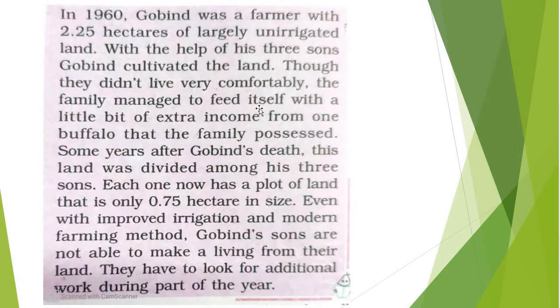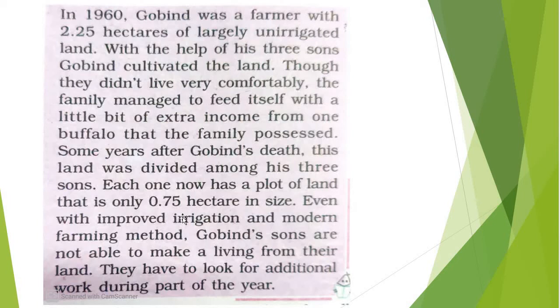Now this is an example of Gobind. Gobind was the owner of 2.25 hectares of land, but after his death, the land was divided among his son, and each son got about 0.75 hectare of land. And since this land was very small in size, the sons were not able to feed their family properly.